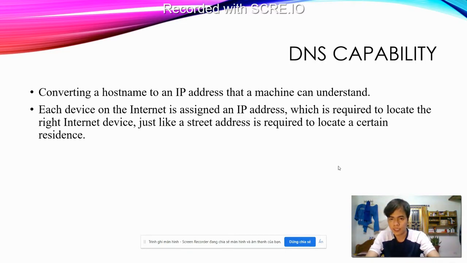Each device on the internet is assigned an IP address, which is required to locate the right internet device, just like a street address is required to locate a certain residence.